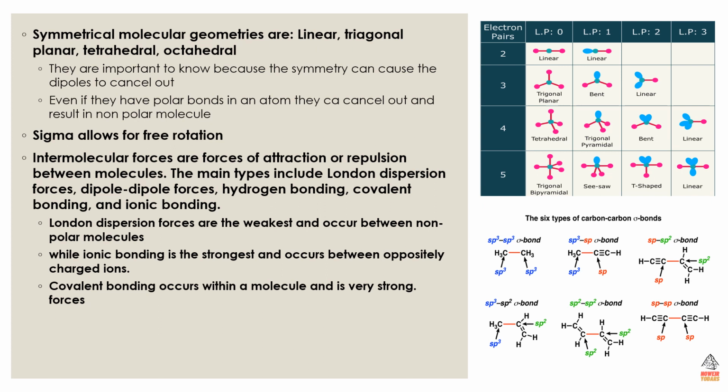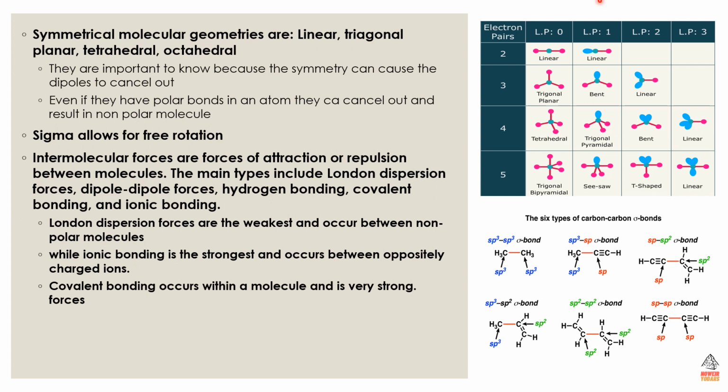Then you have the dipole-dipole forces, which happen between polar molecules, and they're stronger than London dispersion forces. These forces arise due to the attraction between the partial positive charge of one molecule and the partial negative charge of another. You want to remember it by: it's between a positive dipole and a negative dipole.